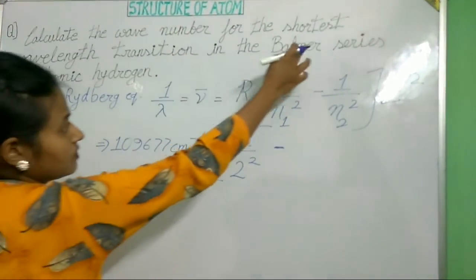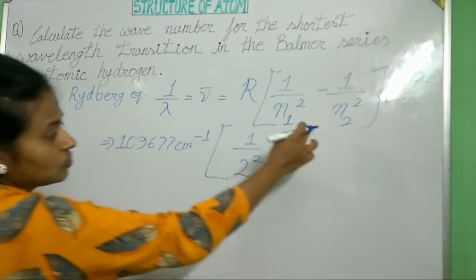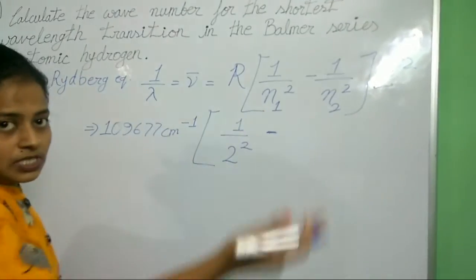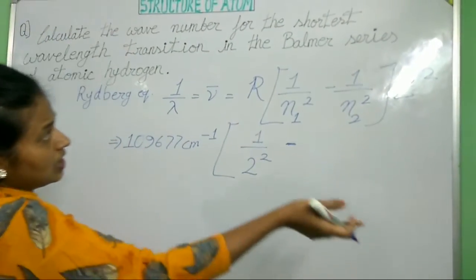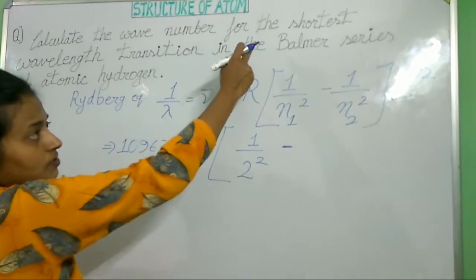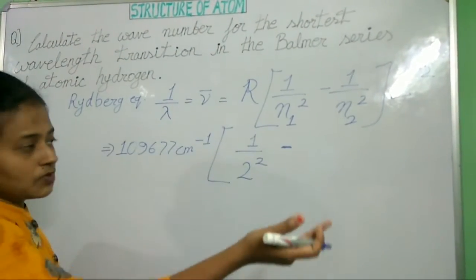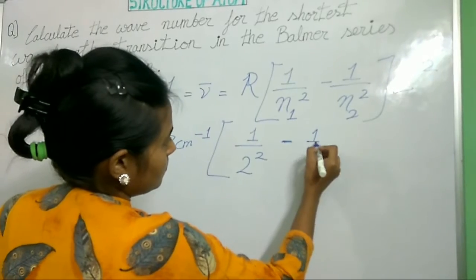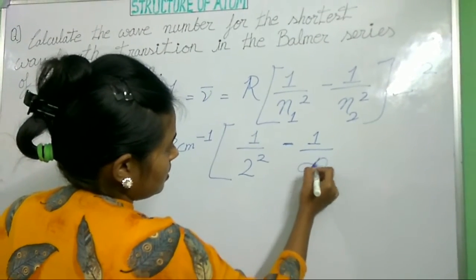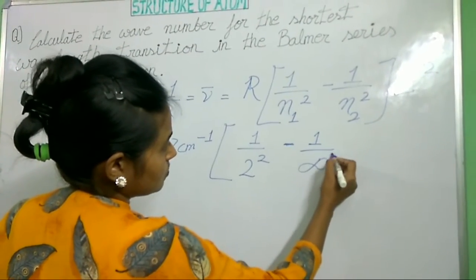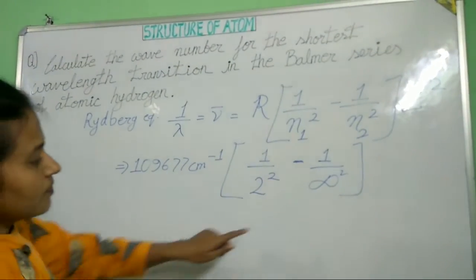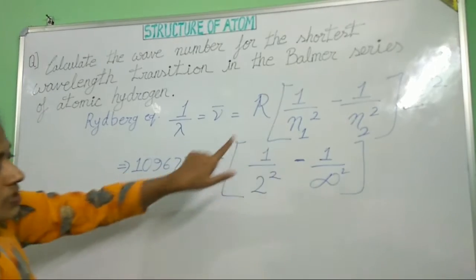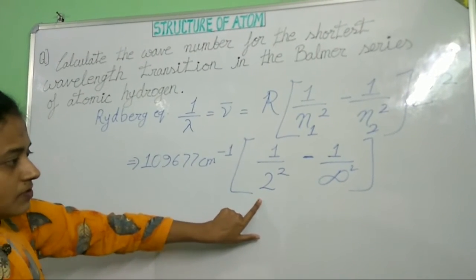If shortest wavelength is given, then n2 will correspond to infinity. Means when n2 will be infinity, it will be the shortest wavelength and the largest wave number. So 1 by infinity square you can also put, and z will be 1, no problem. So from infinity it is coming to second energy level, right.